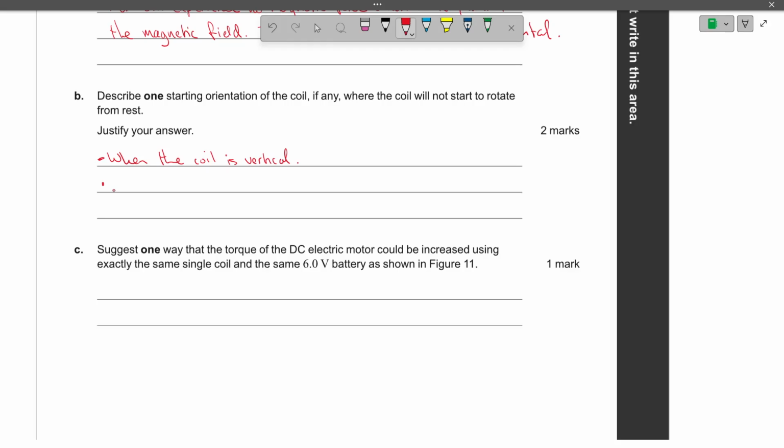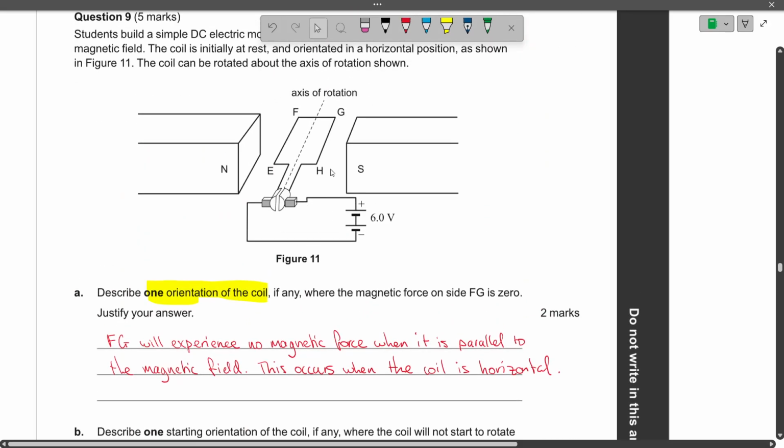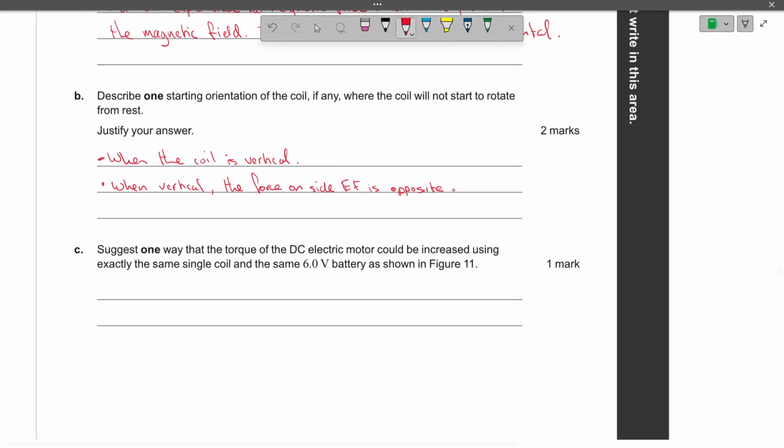When vertical, the force on side EF is opposite. Don't specify up or down because we don't know the direction of the current. Could be vertical in one position, vertical in the 180-degree position. The force on the side EF is opposite that on GH.